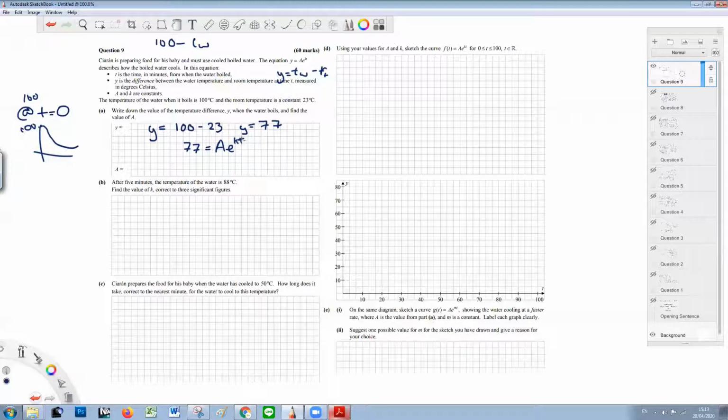So we can let t equal 0 here. So it's going to be Ae^0, and e to the 0 is going to be 1. So 77 is equal to A. And it's a constant, so there's no SI unit. That's your answer.